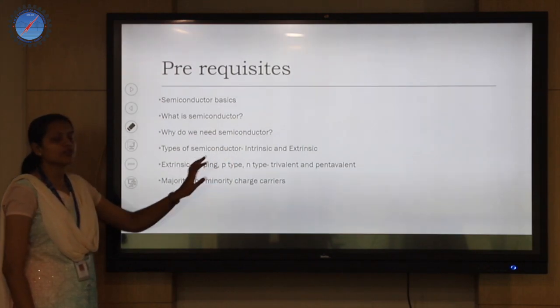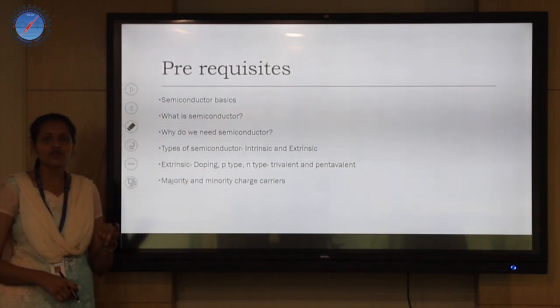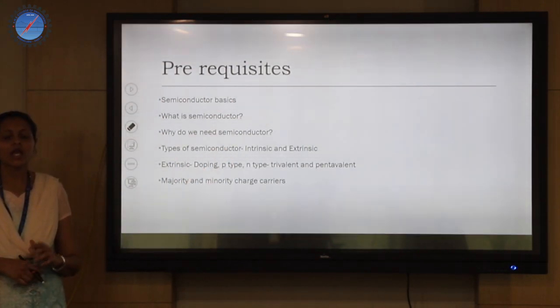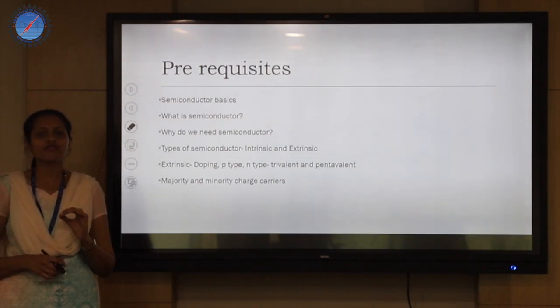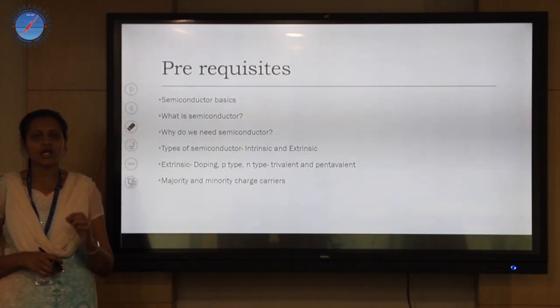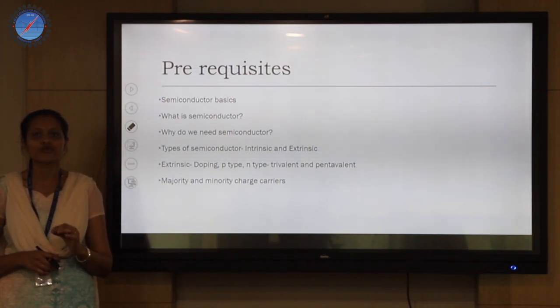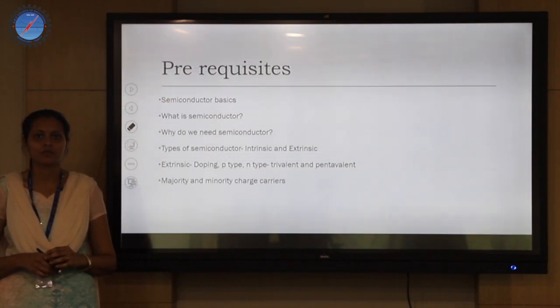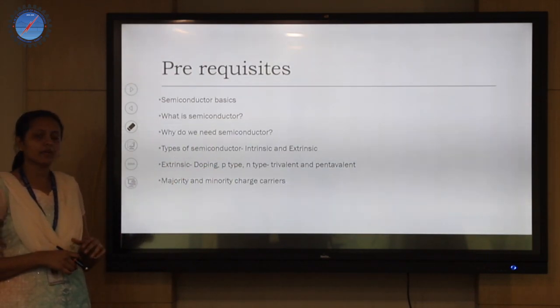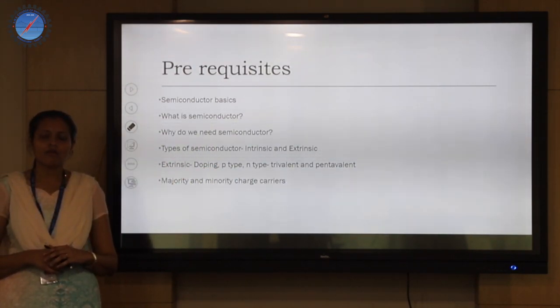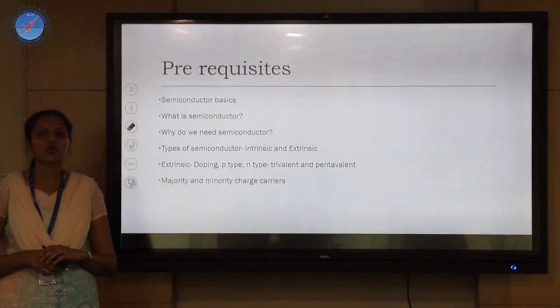There are 2 types of semiconductors: intrinsic and extrinsic. Intrinsic meaning pure form of semiconductor. That is, a pure silicon crystal or a germanium crystal are examples for intrinsic semiconductor. What is extrinsic? Extrinsic is when we add impurities to the pure form of semiconductor.